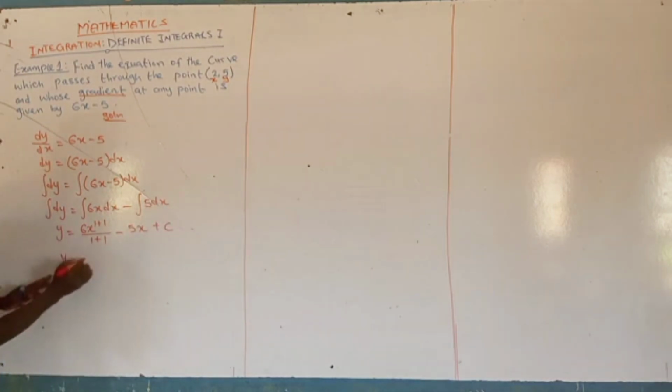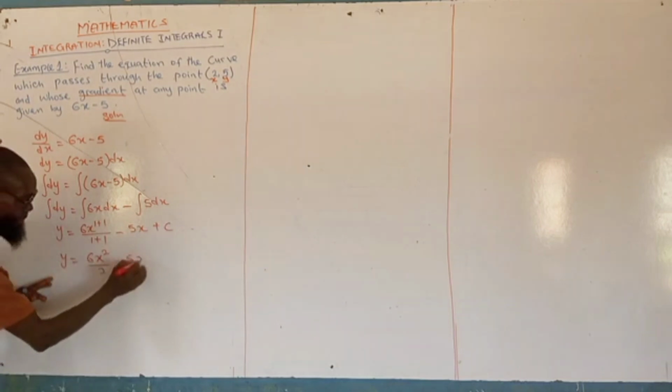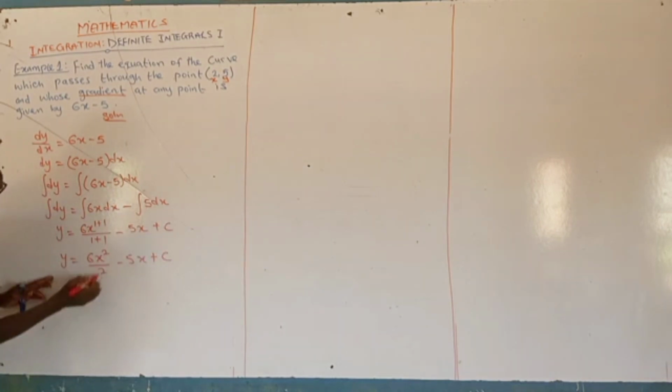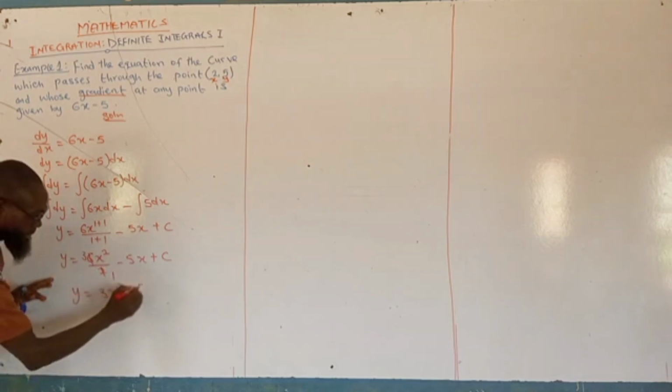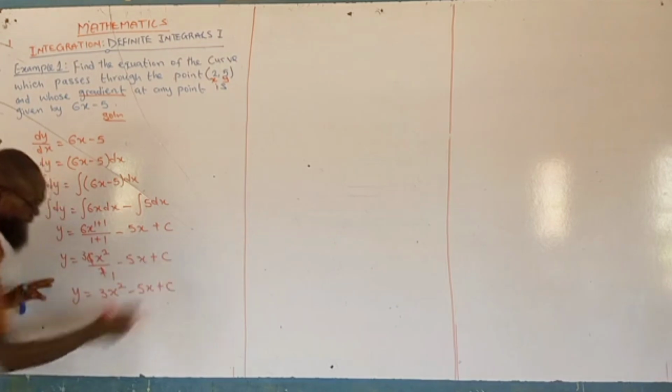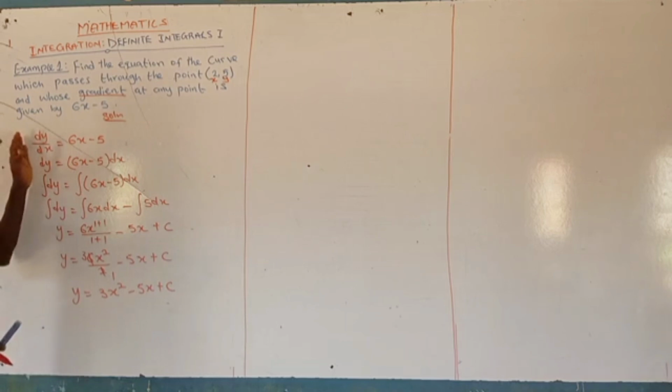So y equals 6x, when you add this, we have power 2 over 2, minus 5x plus a constant c. 2 goes into 6 three times. y equals 3x squared minus 5x plus c.